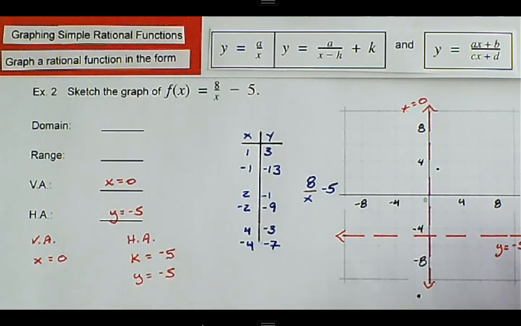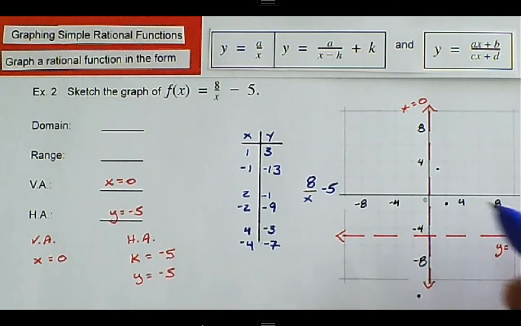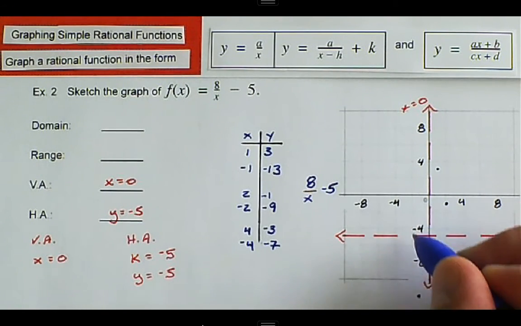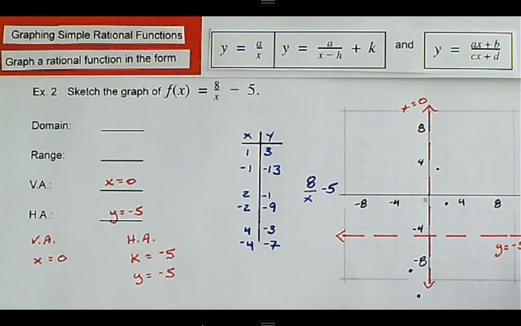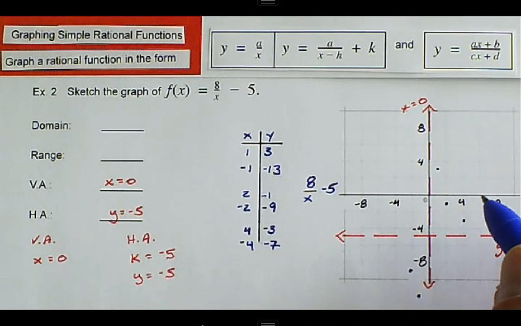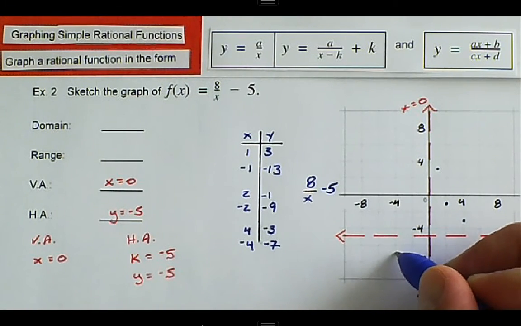And then we have 2, -1, so over 2, down 1. And then we have the point -2, -9, 4, -3, and -4, -7.